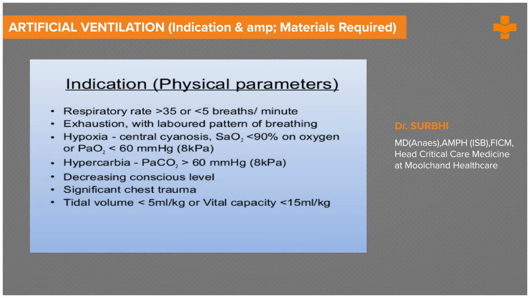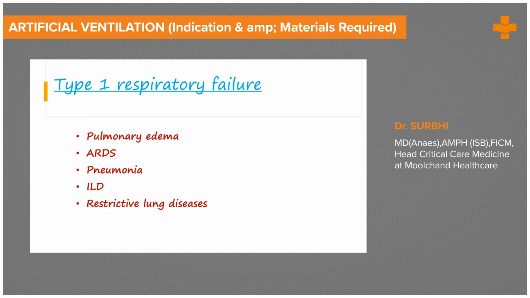Hypercarbia is building up of carbon dioxide in the blood, which is more than 60. This often causes a decrease in consciousness levels. Purely decreasing consciousness levels where the patient is not able to maintain the airway is also a reason for ventilation. If the patient has significant chest trauma, he's not able to breathe. This also is an indication for ventilation.